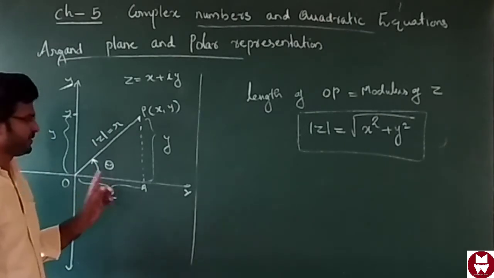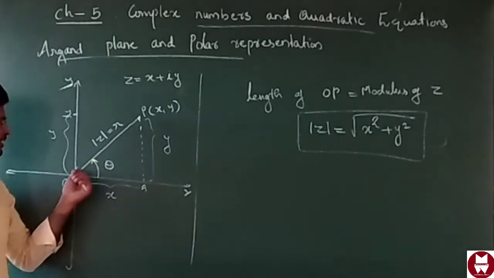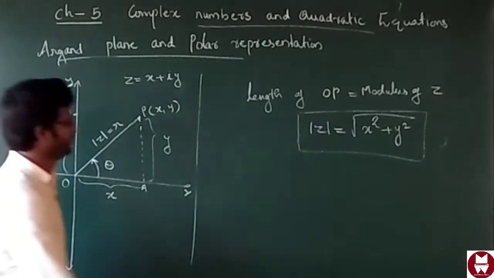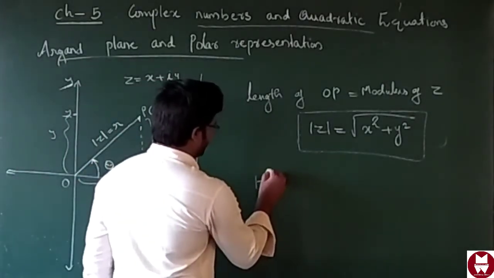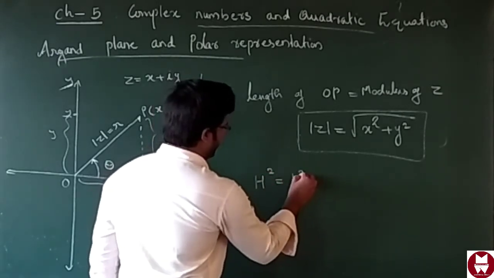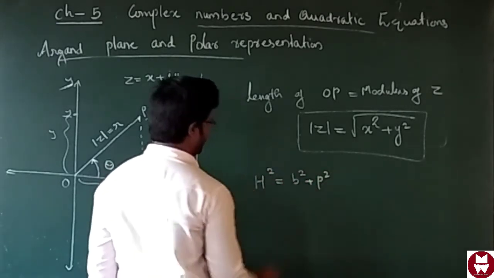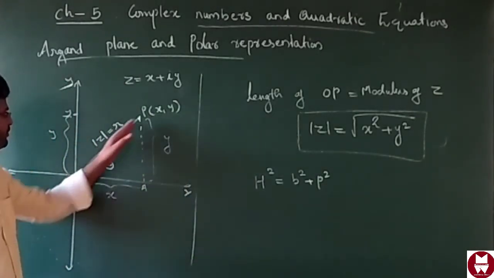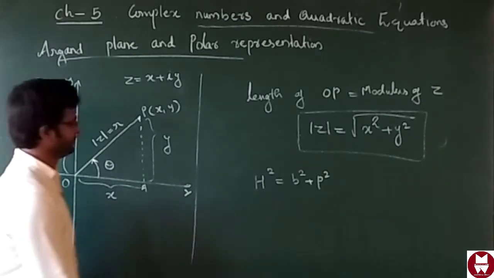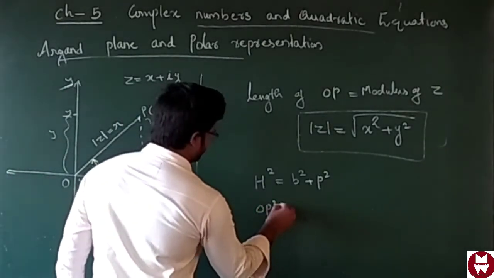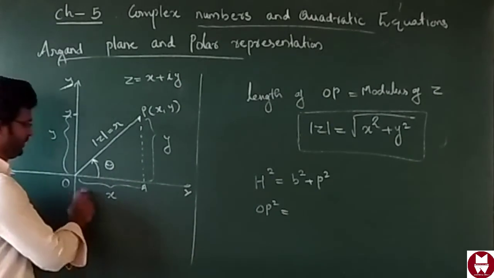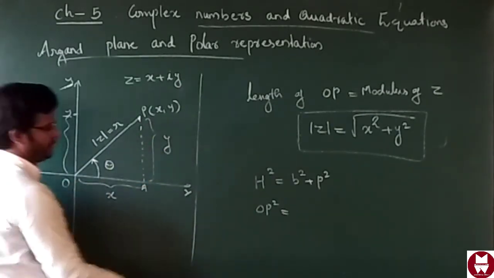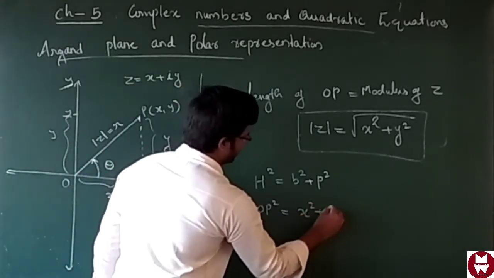Using the Pythagoras theorem we can find the length, the modulus of z. Pythagoras theorem means hypotenuse square equals base square plus perpendicular square. What is the hypotenuse here? OP, isn't it? OP square equals base square, the base here is x, plus perpendicular square, which is y square. We can write x square plus y square.